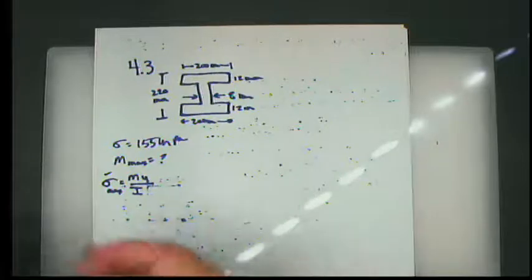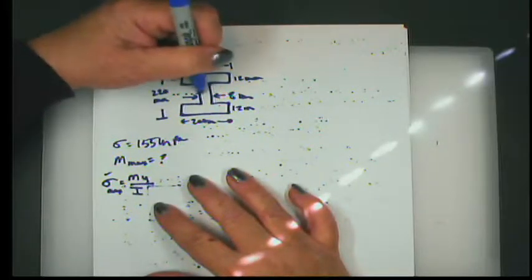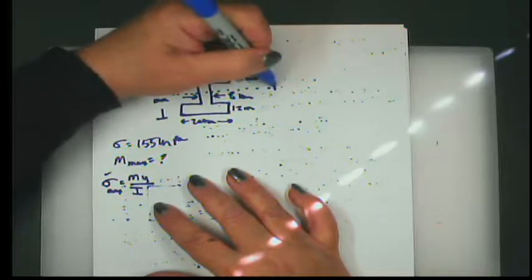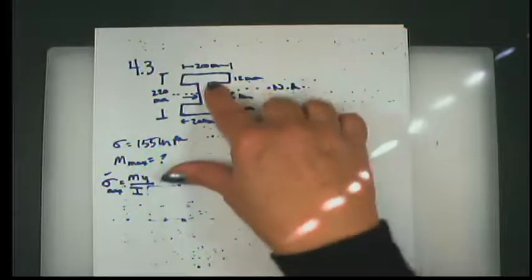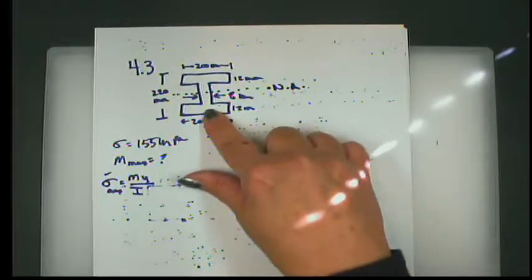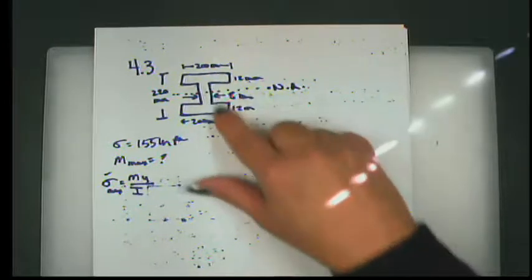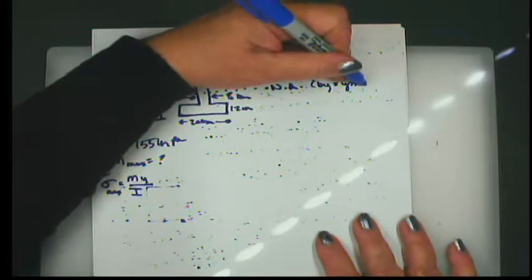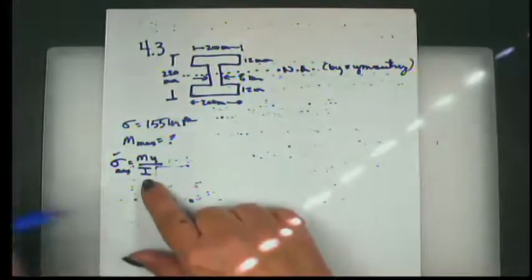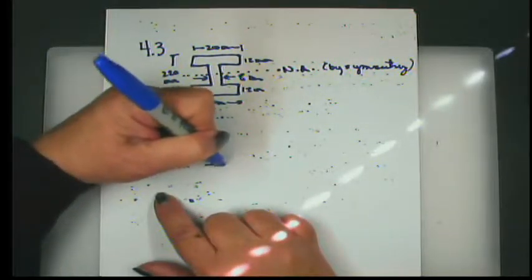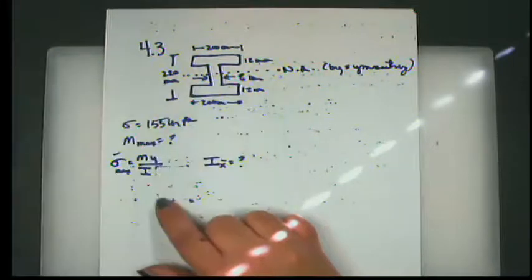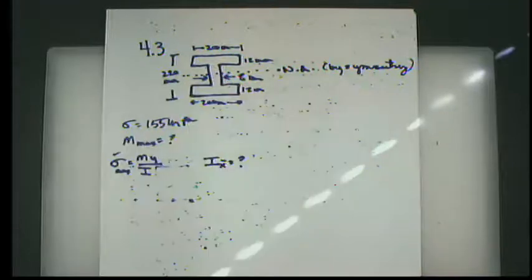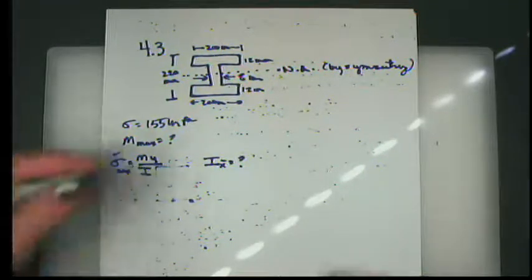So by symmetry, if I were to fold this over on a line, I would find that the neutral axis is right in the middle because the top part will fold right over the bottom part if I fold it in that way. So by symmetry, I can see where the neutral axis is. Okay? So I have everything I need except for I x bar equals what? Well, the answer to it is I have to look at this as a composite shape.